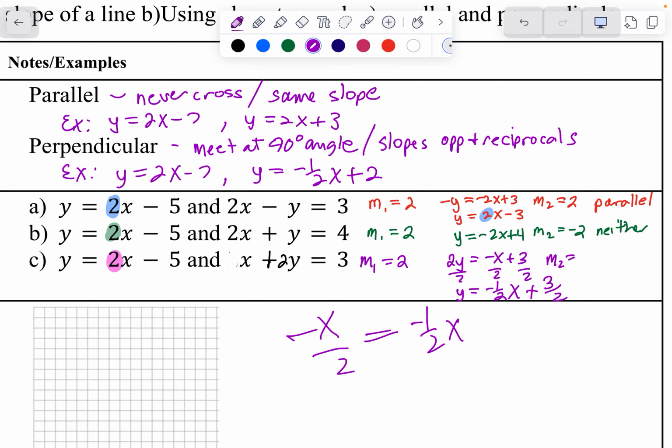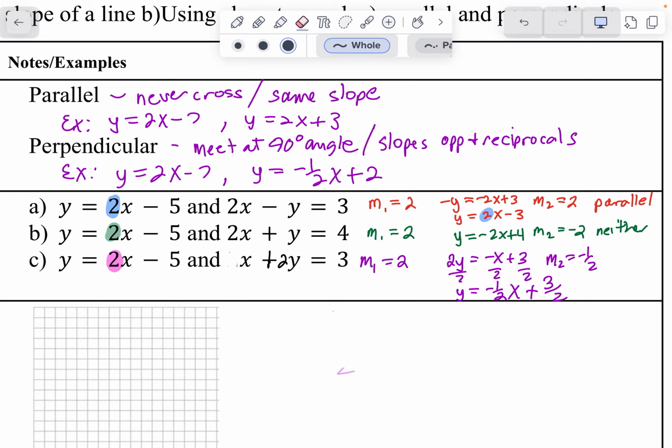Are they the same? No. So we know they're not parallel. Is one positive and one negative? Yes, so that's good. If you multiply them, do you get negative 1? Yeah, so that means they're opposite signs and reciprocals. 2 times negative 1/2 is negative 1. So they are perpendicular.